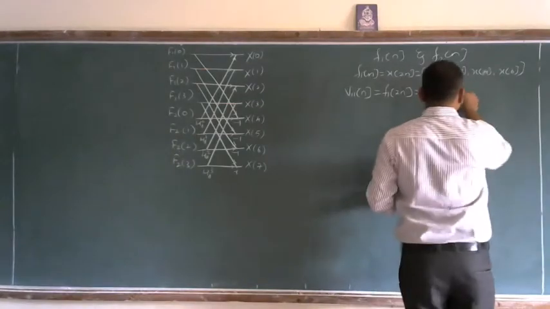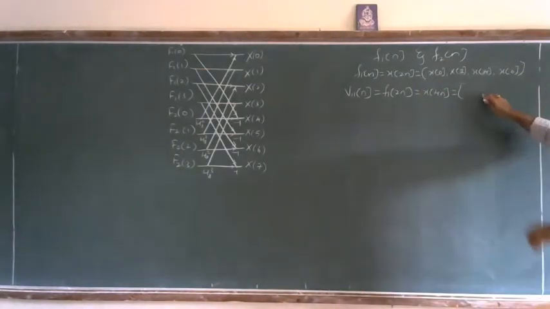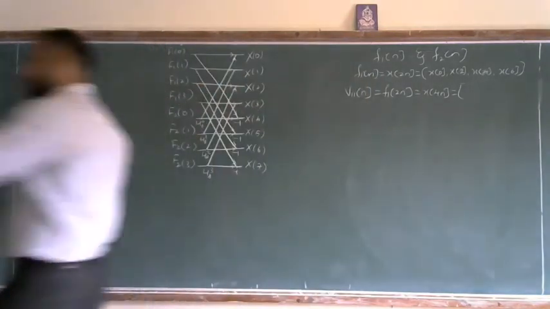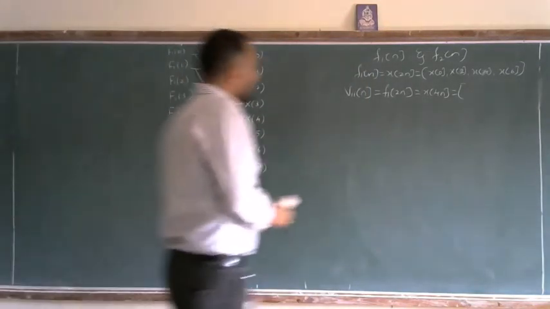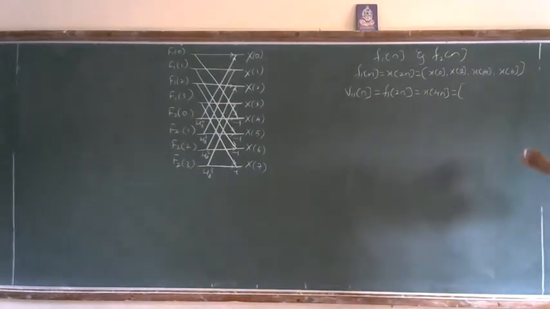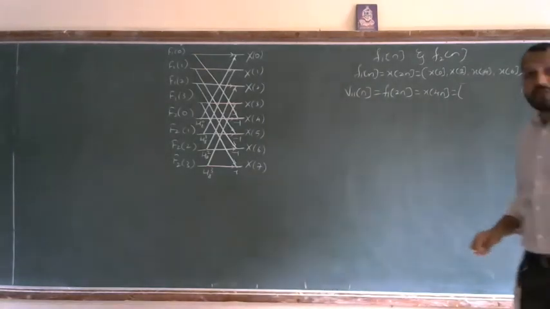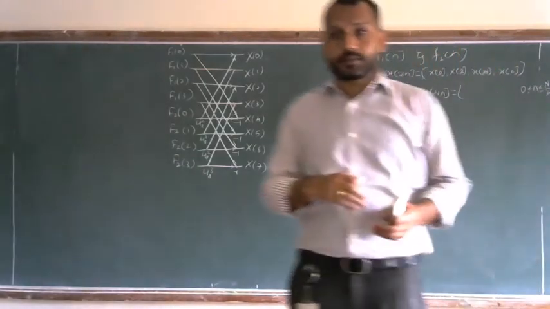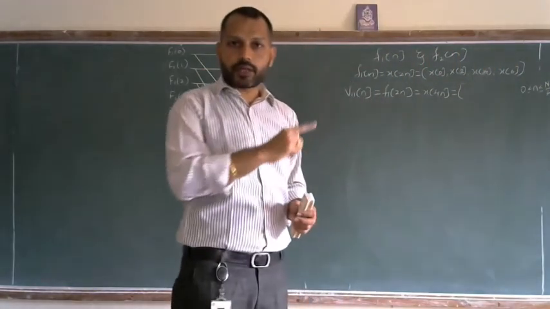What will be the range of n now? N will be from 0 to N by 4 minus 1, because we are decimating it further. Earlier it was N by 2 minus 1.